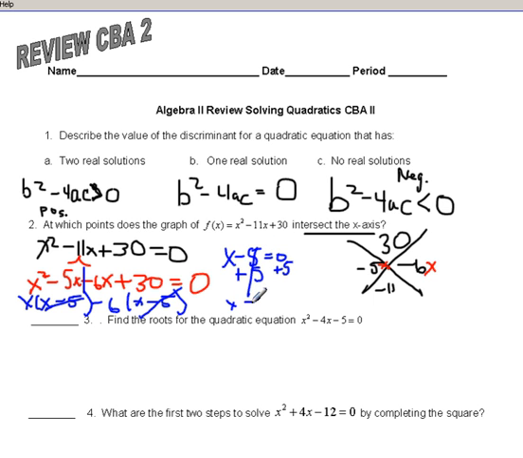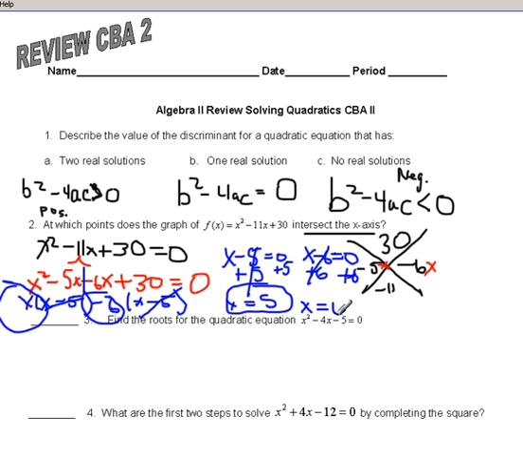But then we also have the other factor of what's left after we take out the x minus 5, and that would be x minus 6. So I also have to set x minus 6 equal to 0. And then to solve this, you add 6 to both sides. So x equals 6.